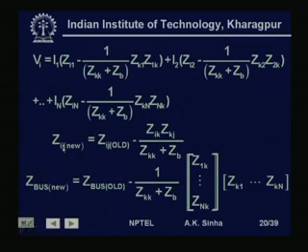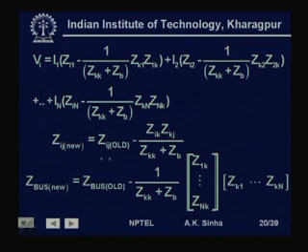So, finally, we get that the new elements of the Z bus matrix can be seen as: Zij new values will be Zij old values, which is this one, minus Zik into Zkj, divided by Zkk plus Zb.